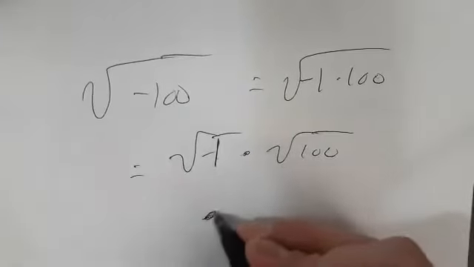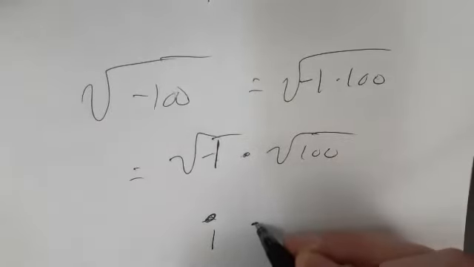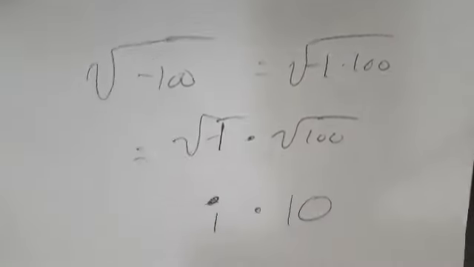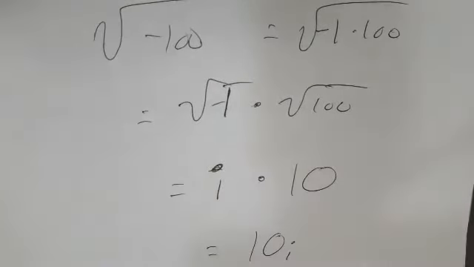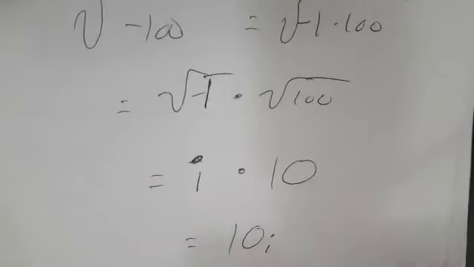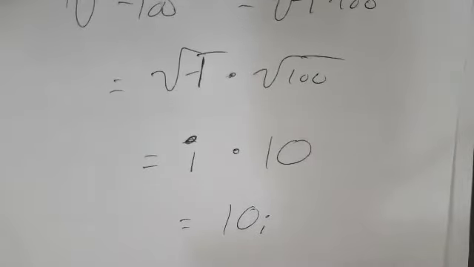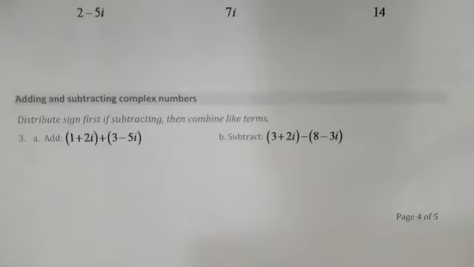Negative 1 is an i. This is times the square root of 100, which is going to give me 10. This is going to give me 10i. Okay. We are talking about imaginary numbers, just things that are pure imaginary right now.